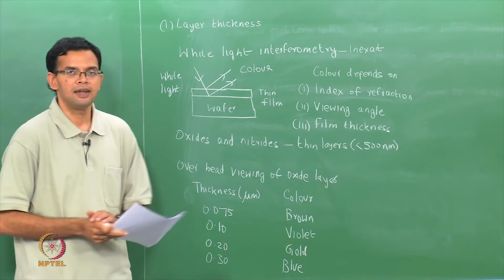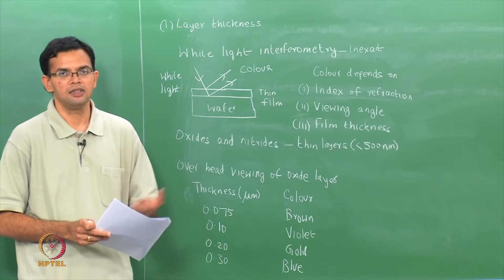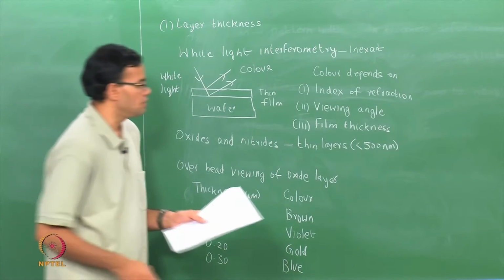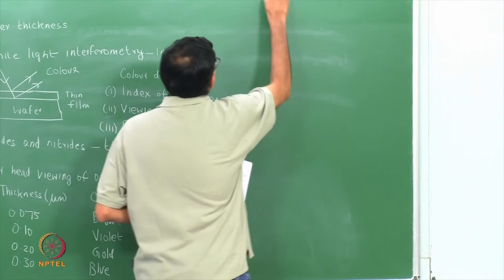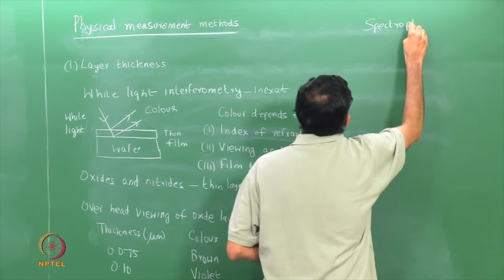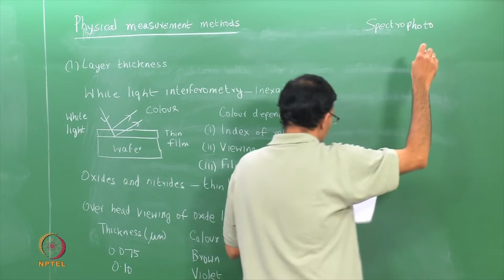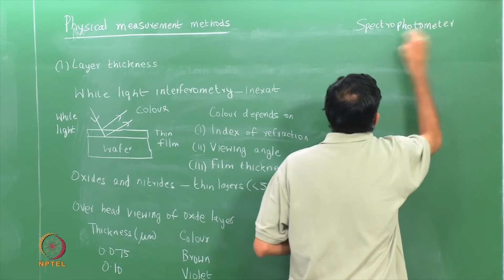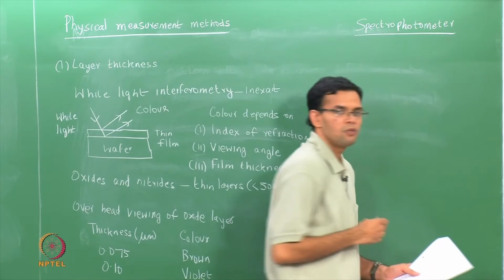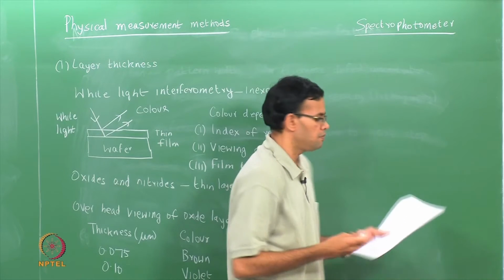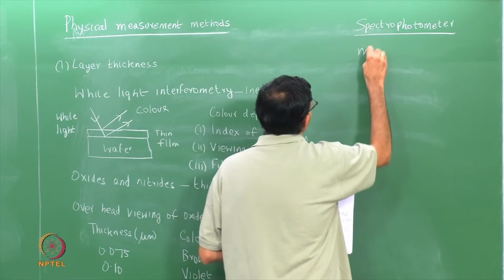Based upon white light interferometry, there is another technique for measuring thickness, which is called a spectrophotometer. Once again, this is based on the same principle, except that a monochromatic light is used.